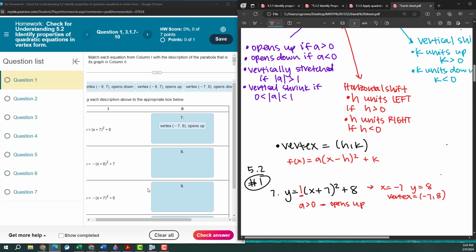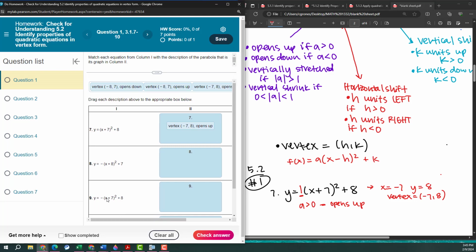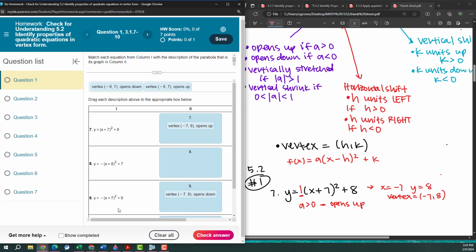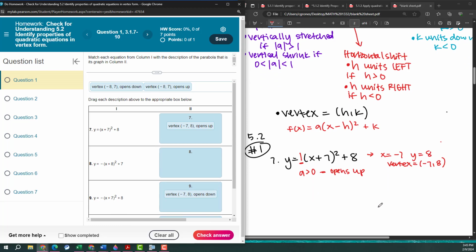Okay, so that means that this other one, number 9, where we have 7 and 8, is going to be this other piece, but it is opening down because we've got negative 1. All right, so the other two, we know that the vertex has to be negative 8, 7.